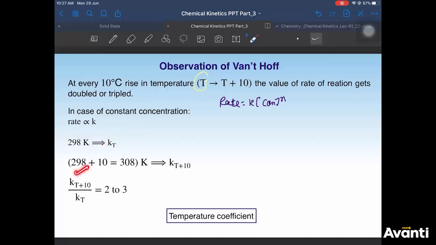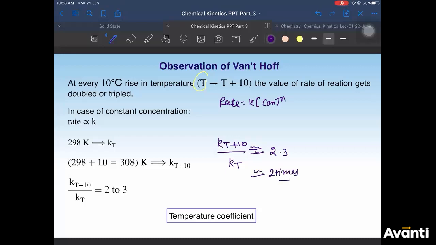When you increase the temperature by 10, it becomes 308 Kelvin, 298 plus 10, and the rate constant is K at T plus 10. When you divide these two, K at T plus 10 by K at T, the rate of the reaction becomes almost 2 times. It is actually 2.3 something, but you'll say it is approximately 2 times.